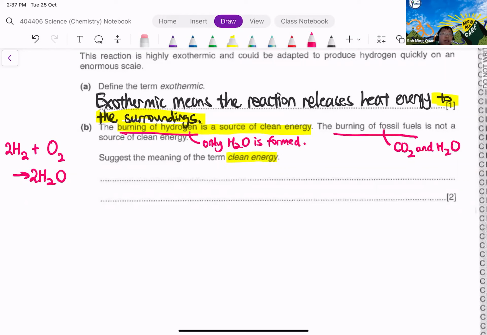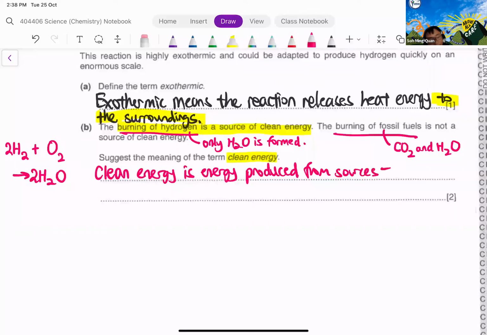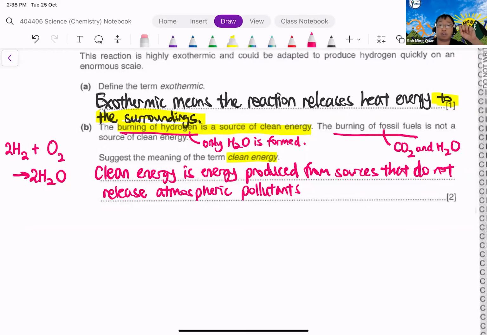So now let's bring this together. So what is clean energy? It's energy produced from sources that do not release atmospheric pollutants. So remember, we learned about air, right? We have atmospheric pollutants. So clean energy must be from sources that do not release atmospheric pollutants. This one is 2 marks, so you must go on.